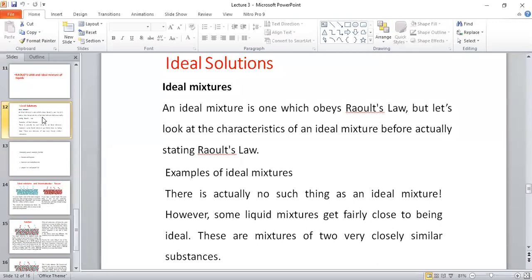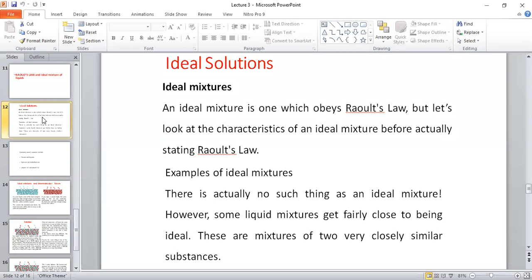But let's look at the characteristics of an ideal mixture first, before we actually start stating Raoult's law. So let's look at examples of ideal mixtures here. There is actually no such thing as an ideal mixture.